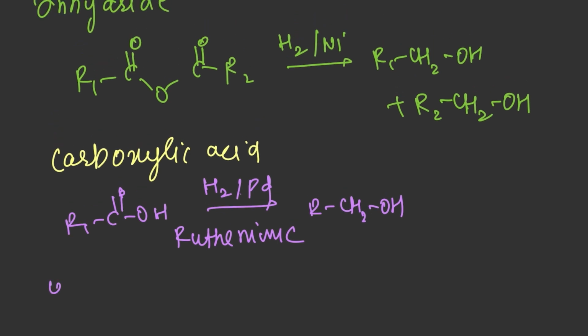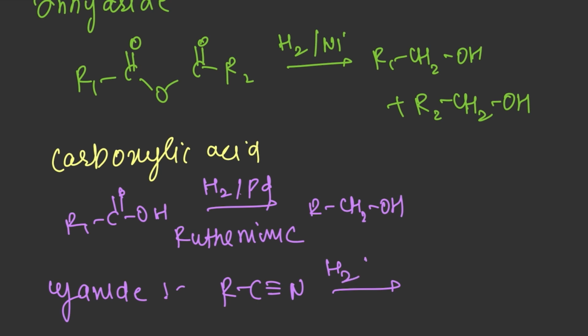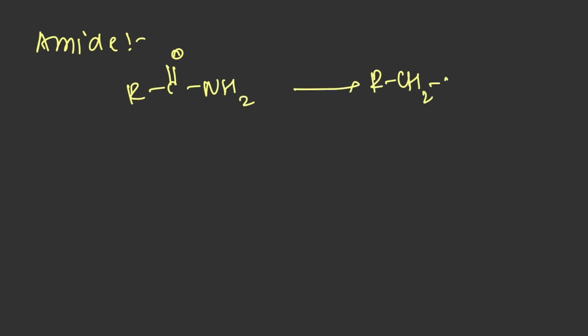Now let's talk about the reaction with cyanide. We have RC triple bond N reacting with H2 Ni forms RCH double bond NH, which reacts to form RCH2NH2. Let's talk about amide. RC double bond O NH2 with hydrogen nickel platinum will form RCH2NH2.